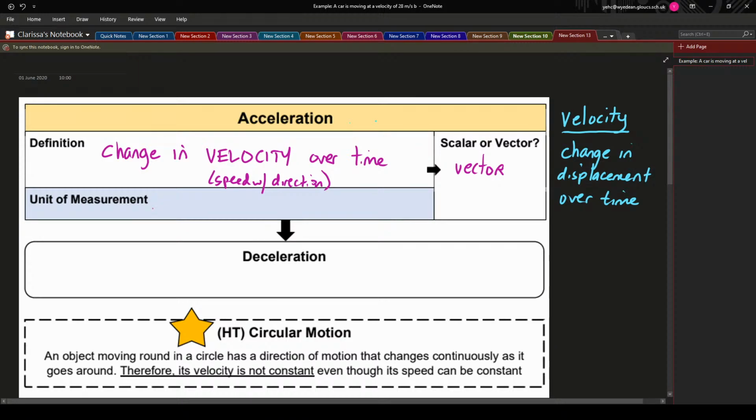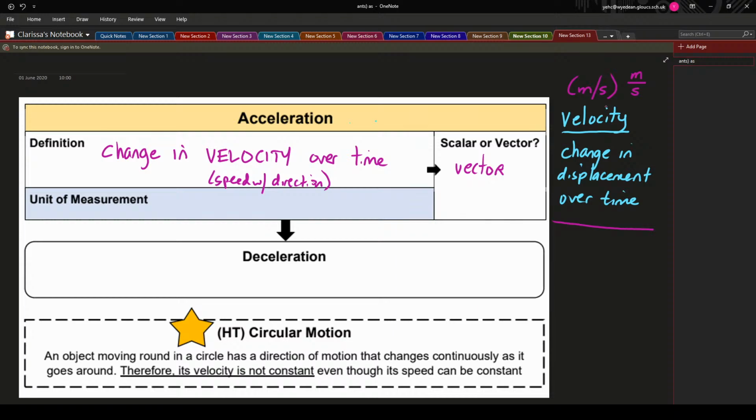I'm just going to show you where we get this unit from because a lot of students get confused by this unit. So I'm going to write on the side here just to show you where this unit comes from. Remember we measure speed and velocity in meters per second, m/s. It could also be written as a fraction, but we don't commonly write it like that because otherwise it takes 2 lines instead of just 1. So m/s, meters over seconds, is our unit for velocity.